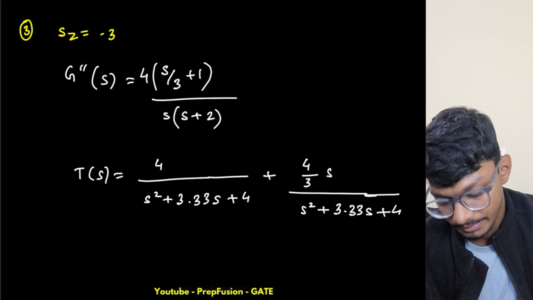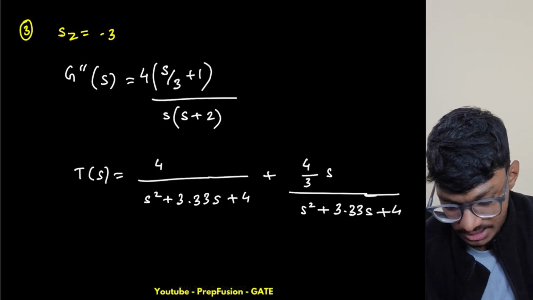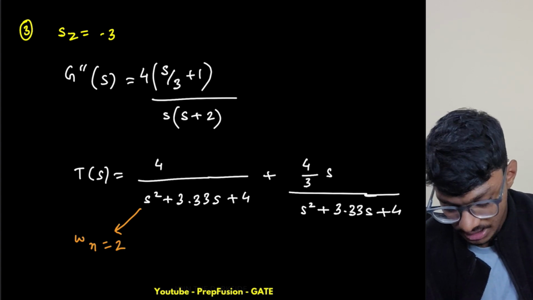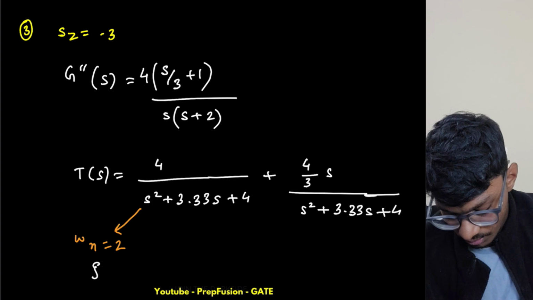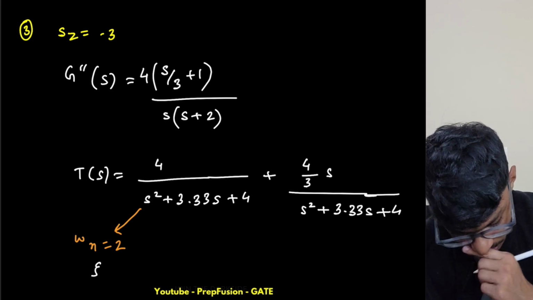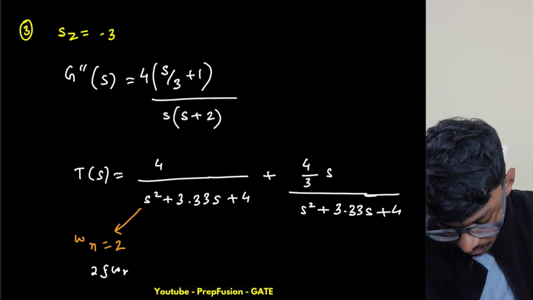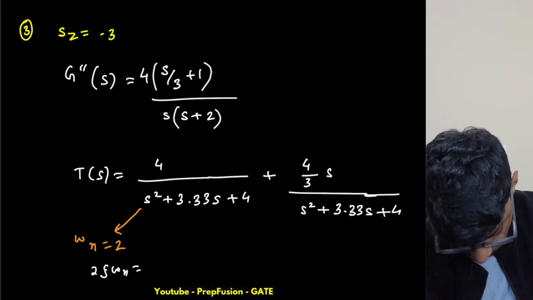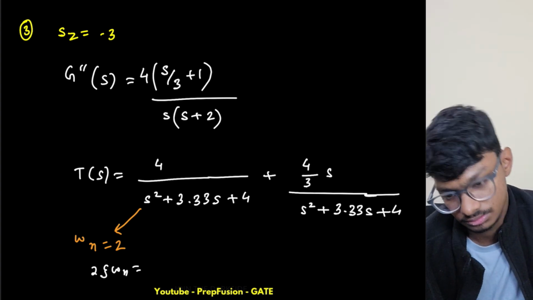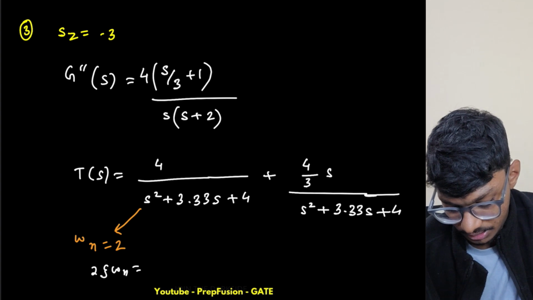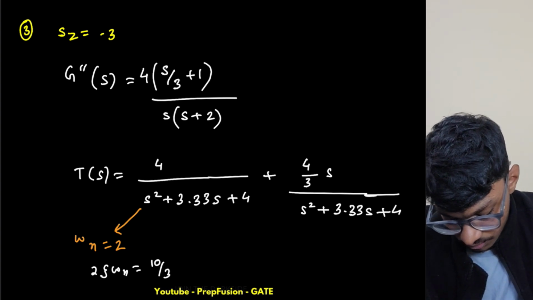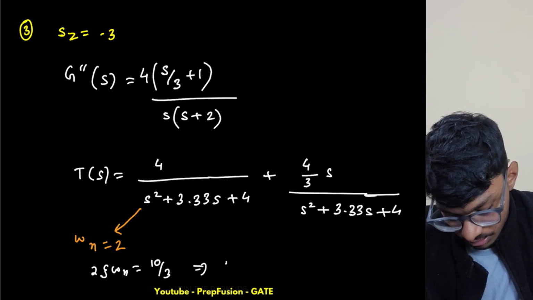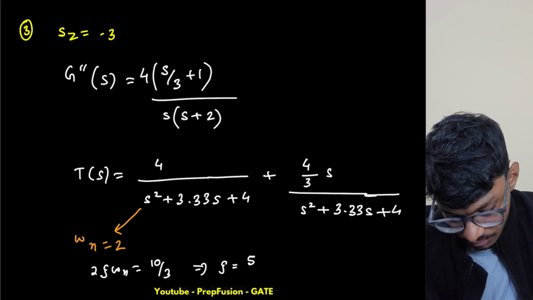So again, my omega n is fixed, omega n isn't changing, omega n is still 2, but what has happened to my zeta? 2 zeta omega n equals 10 by 3, so this will be 5 by 3, 5 by 6.